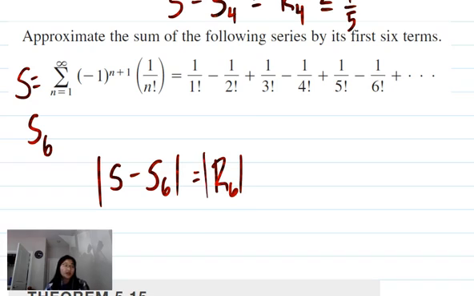And so for our 7th term, our 6 plus 1th term, which is 1 over 7 factorial, this is going to be less than or equal to 1 over 7 factorial.